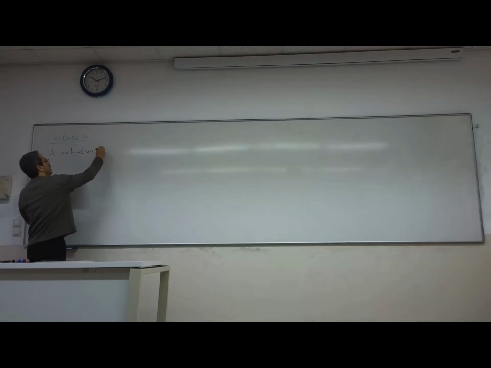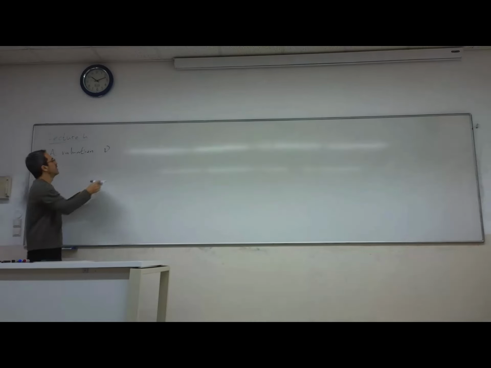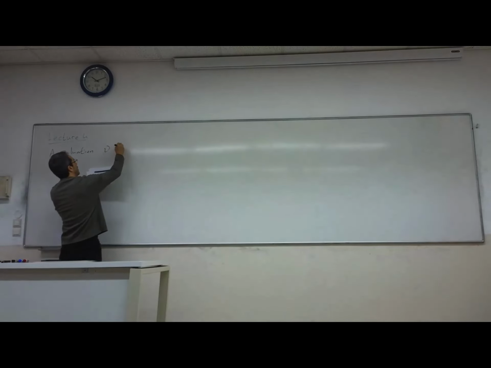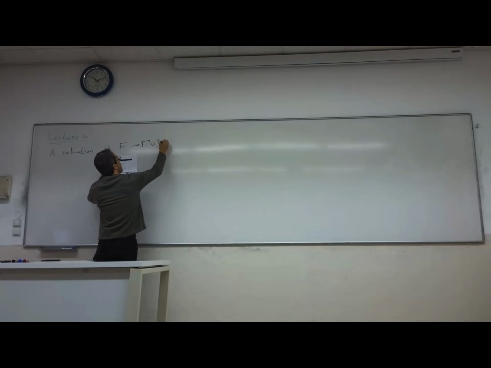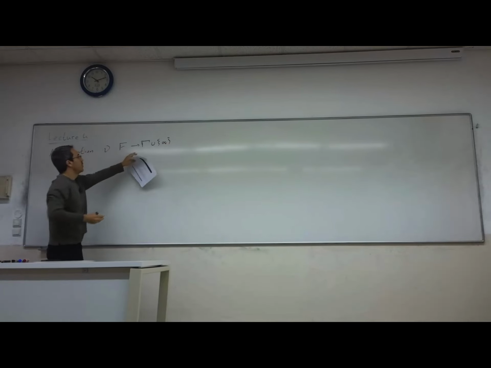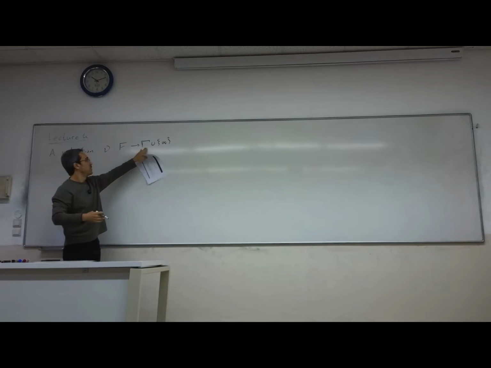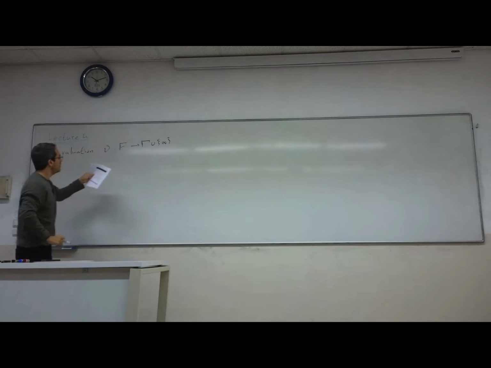A valuation is a function that takes an element in the field, which we think of as a function, and produces an element from an ordered group. Finally, today we are going to restrict ourselves enough so that this will be Z, but not yet.